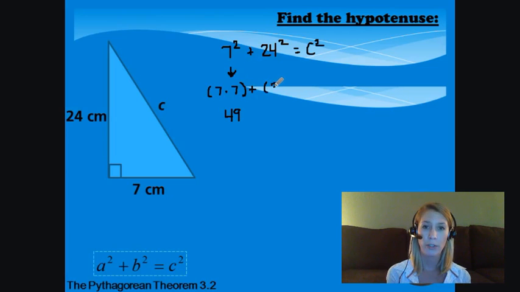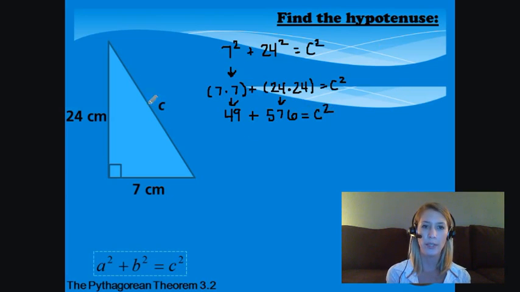Plus 24 squared, which is 24 times 24, is equal to C squared. And when we simplify this, 24 times 24 is equal to 576. We're going to drop down the rest of our equation, equals C squared.